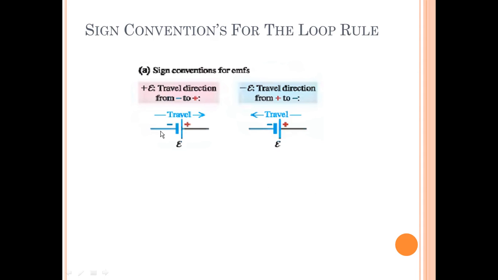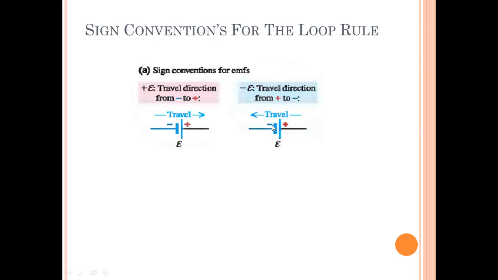So just like what we see in this case, the direction of travel is from left to right. Going over the power source, you are entering the negative terminal, and you have the leaving terminal as positive. Therefore, the sign of the EMF for this power source is positive. Now, on the reverse, if the direction of travel, as illustrated here, moves from right to left, the entering terminal would be the positive terminal and the leaving terminal would be negative.